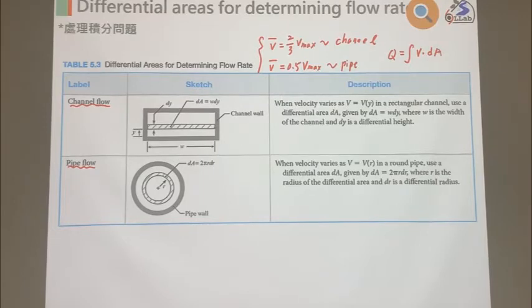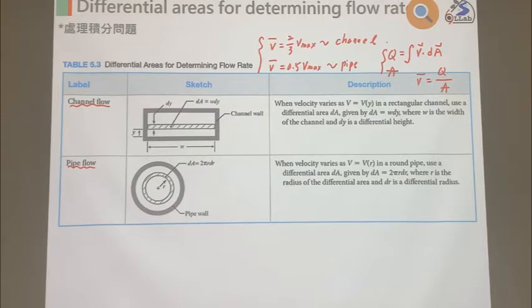This is the general formula for the discharge. If we can compute the discharge and we know the total area of the cross-section, then based on the two parameters, we can calculate the mean flow velocity, derived by Q divided by the total area.